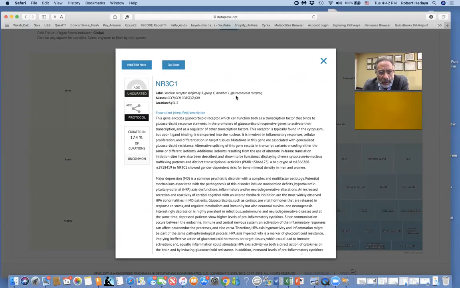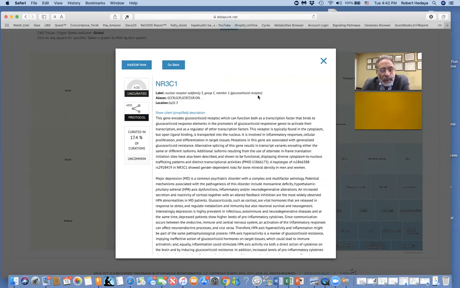And you can see over here it says glucocorticoid receptor. So the glucocorticoid receptor is the receptor that responds to corticosteroids like hydrocortisone, which is what your body makes when you're functioning on a normal basis, but also when you're stressed.